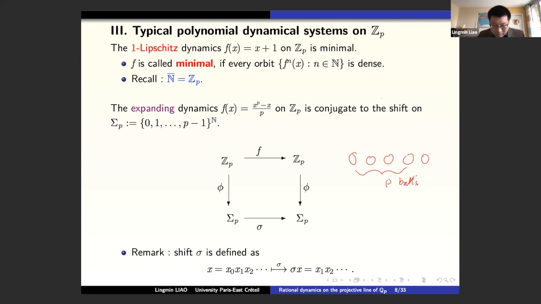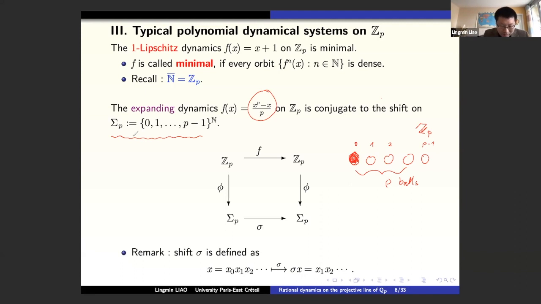For example, this transformation will send each ball to the whole space, and the whole thing is Z_p. So each point you take something like 1, 0, 2. You take one ball like a symbol, and that means your one symbol will go to every other symbol.